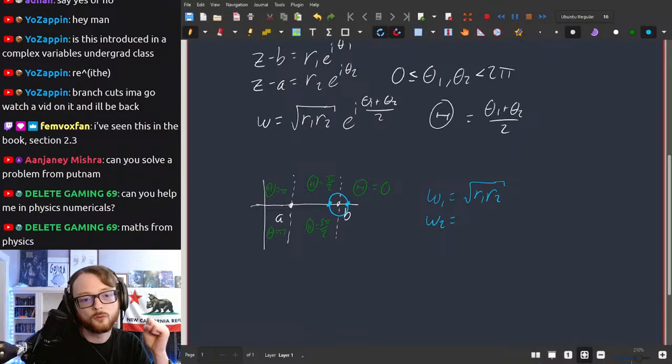And so we're getting an angle of pi over 2, which means we're getting i root R1, R2. Okay.